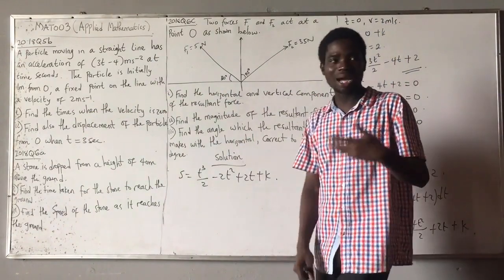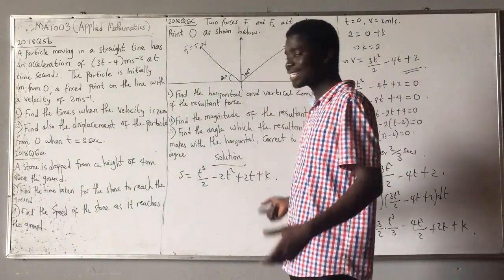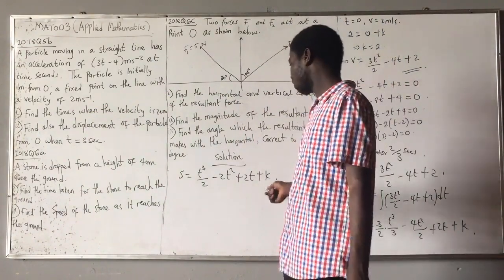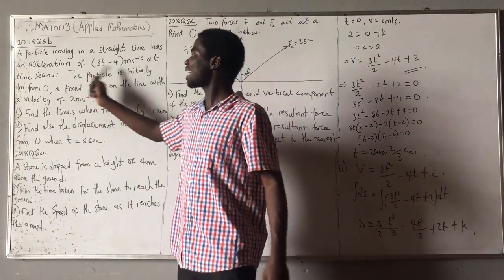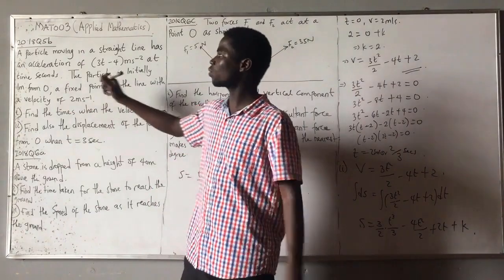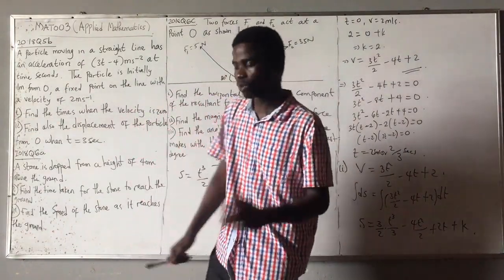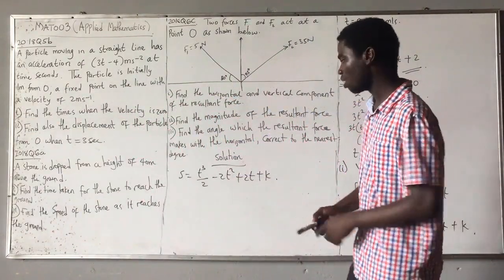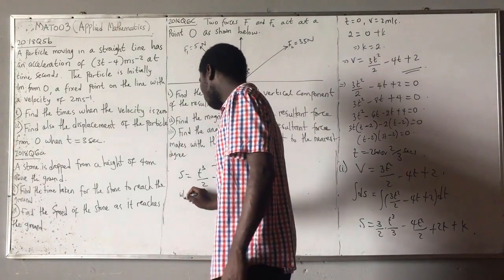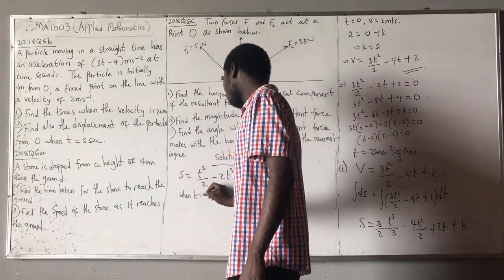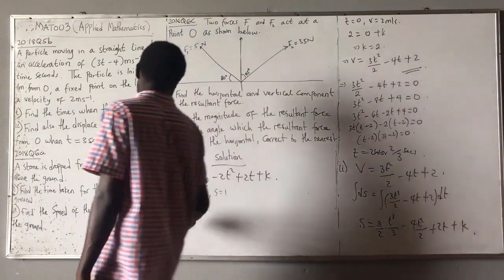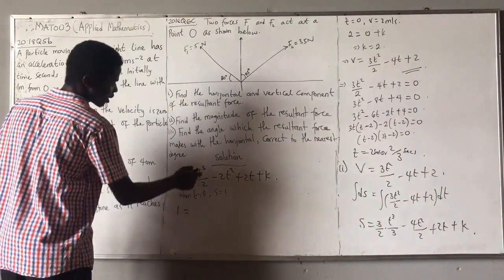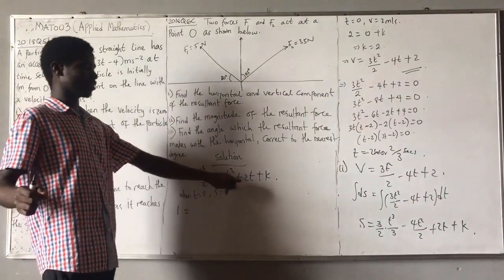When t is 0, the particle is initially 1 meter from 0, so s is equal to 1 meter. When t is equal to 0, s is equal to 1. Put it there: 1 equals 0 minus 0 plus 0 plus k.